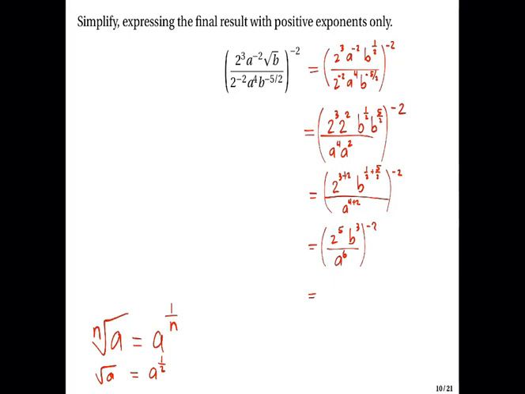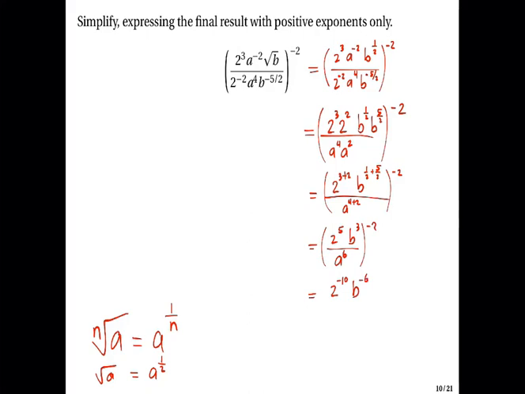You just multiply the exponent of the expression inside with the exponent outside the parentheses. Meaning, we now have 2 raised to 5 times negative 2, that's negative 10. And then b raised to 3 times negative 2, that's negative 6.